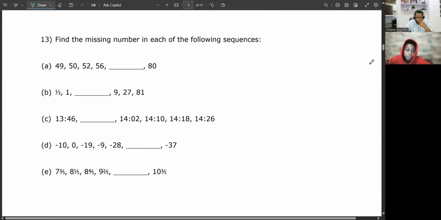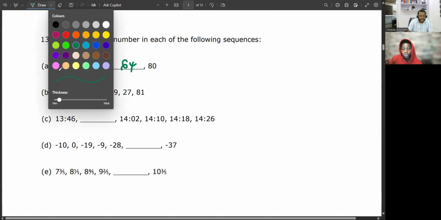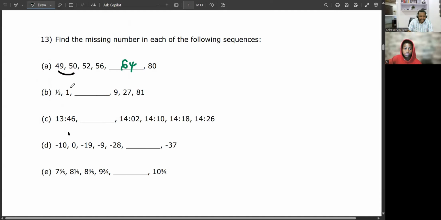64. Well, let's see. 64, because this goes down by 1, and then that's 2. No, not goes down, it goes up, right?